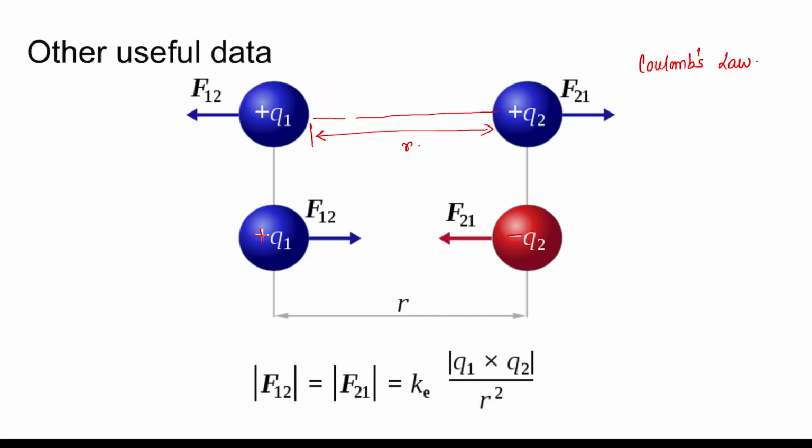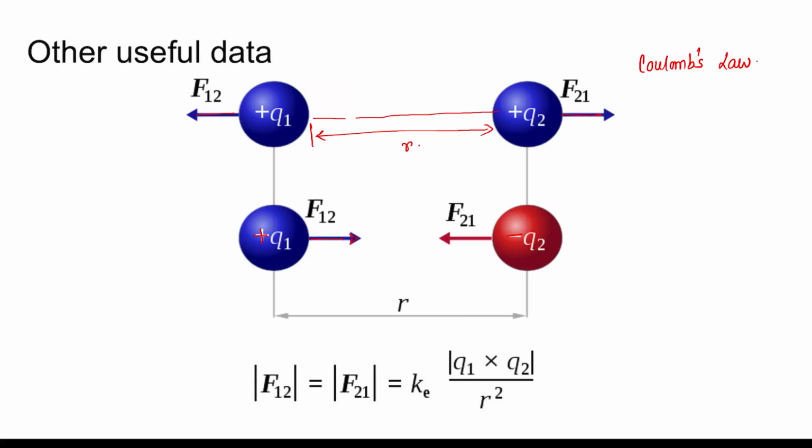Unlike charges, a plus and a minus, have a force of attraction, and if two like particles, plus or minus, are held together, then a force of repulsion acts between the two. The forces on the two particles are equal in magnitude but act in directions according to the relative charge they are interacting with.